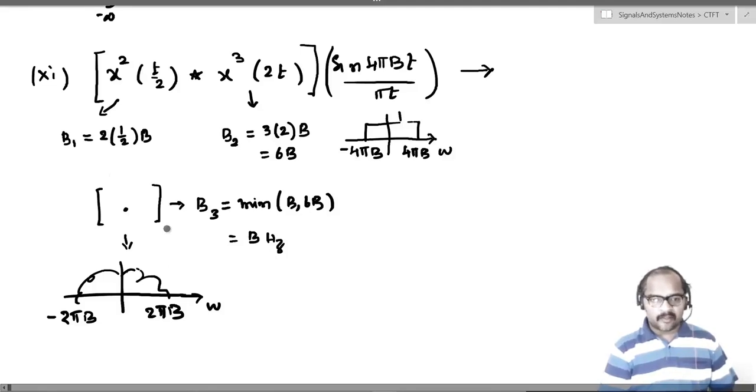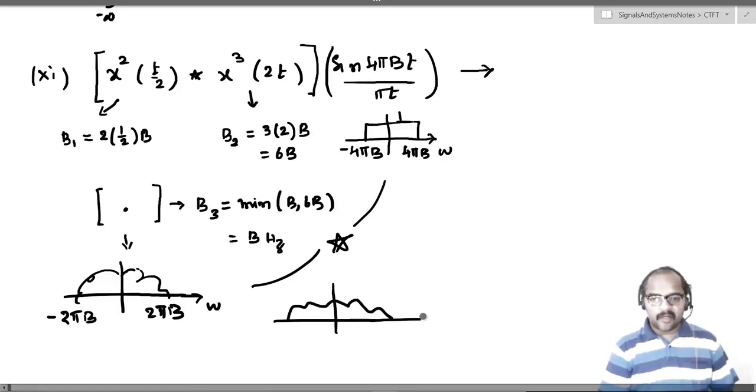So this is the Fourier transform of the term inside the square bracket, and in time domain that signal is multiplied with sine 4 pi bt by pi t, whose Fourier transform is a rectangle. So in frequency domain, these two should get convolved. After convolution we will get again some shape, but that convolution exists from minus 2 pi b minus 4 pi b, that is minus 6 pi b, to 2 pi b plus 4 pi b, which is 6 pi b.